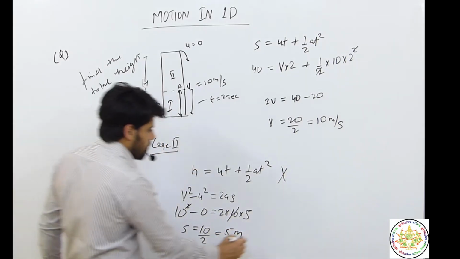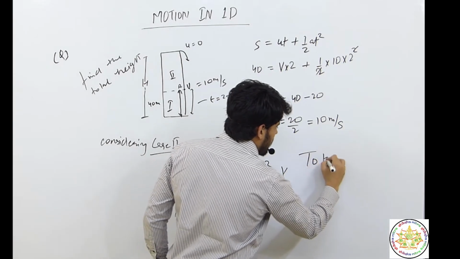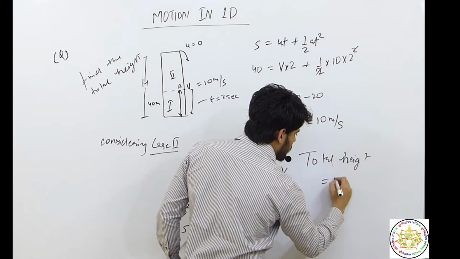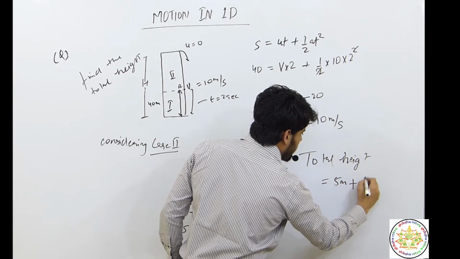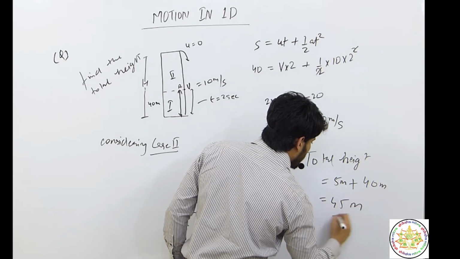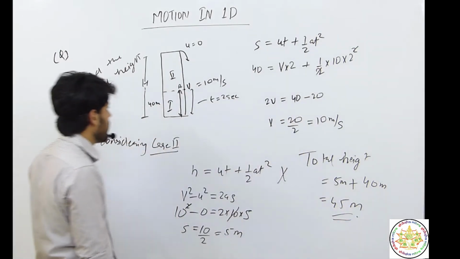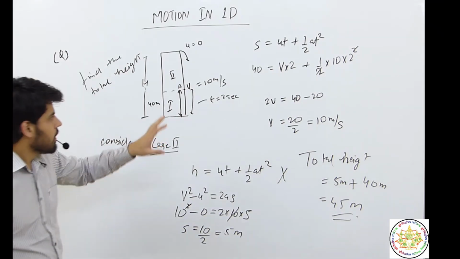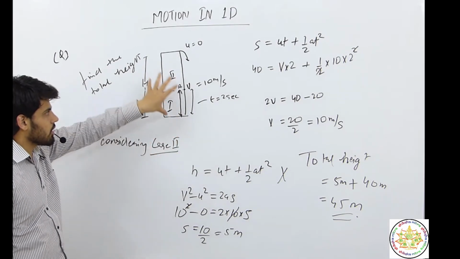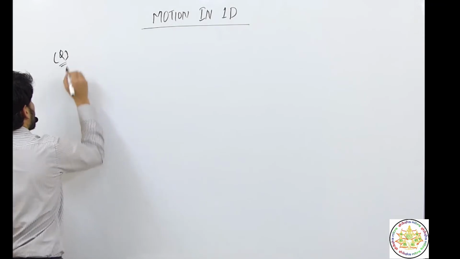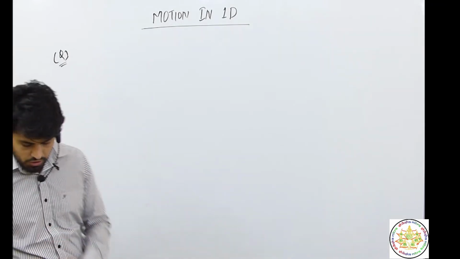So total height of the building is total height is equal to 5 meter plus 40 meter, that is 45 meter. Again the question is the same as the previous one, that we just have to resolve this problem into two cases. See, one again logical learning based question is there.